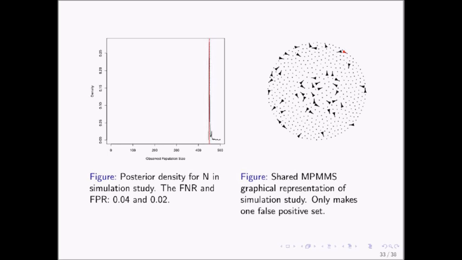And what we're getting on the right is that you can view this model as a graphical model where transitivity is automatically guaranteed via a little bit of theory. What I'm showing here on the right is that this model only makes one false positive set, and that's shown in red. All of the black ones are correctly identified compared to the ground truth.